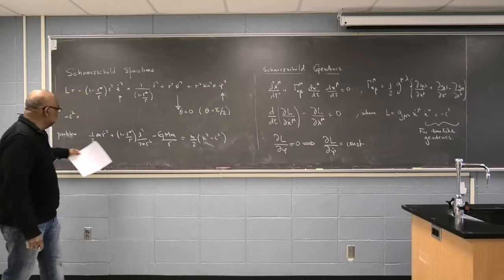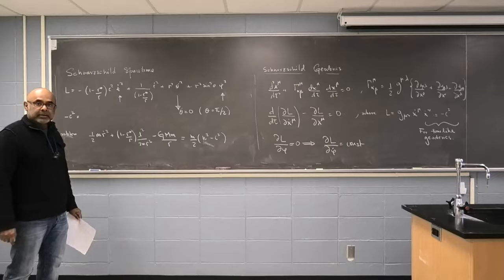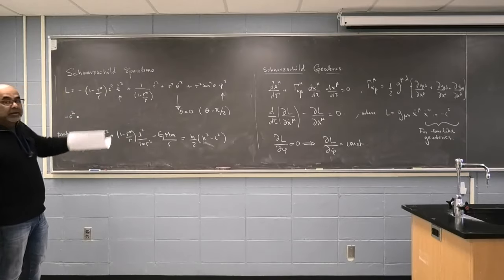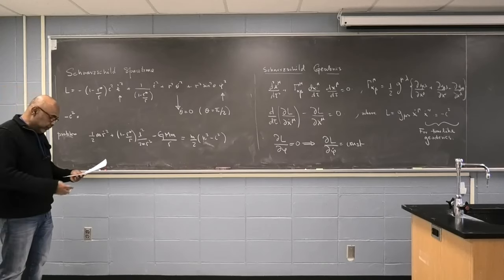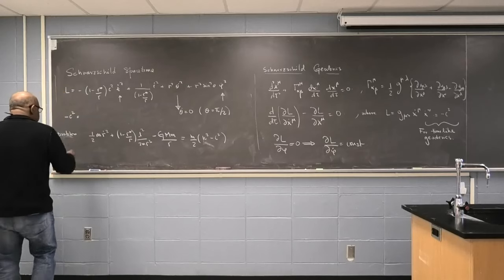This is the geodesic equation that has r dot. Once we get r dot, we can get phi dot. And we'll see how. So problem number 2, this is problem 1.